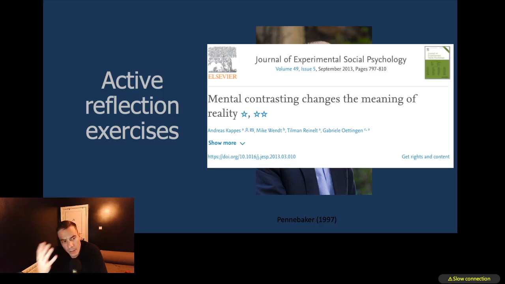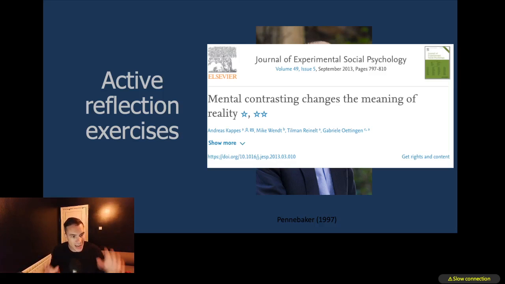And then people have to reflect on an aspect of their reality, an obstacle that stands in the way. By doing so, thereafter, you can see that it changes the way they perceive that aspect of reality. It becomes a real obstacle, and people perceive it very differently. They have very different emotional responses to that.